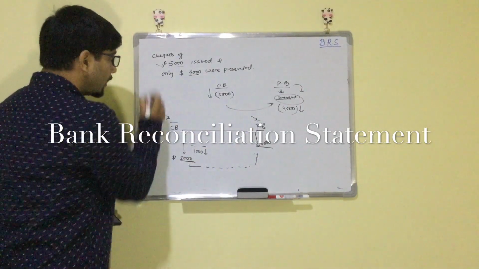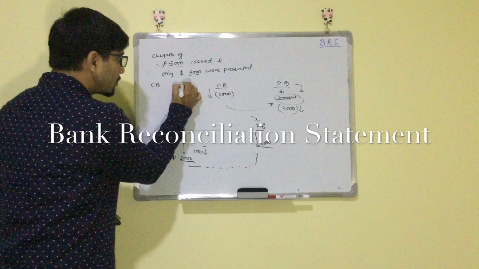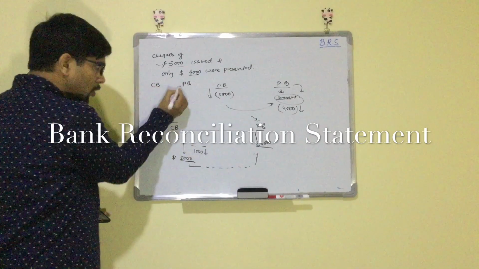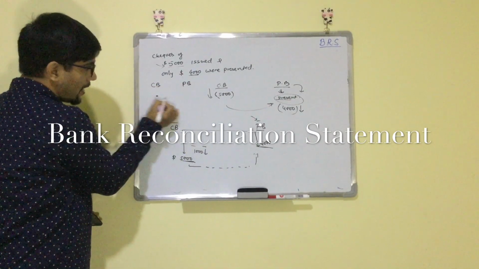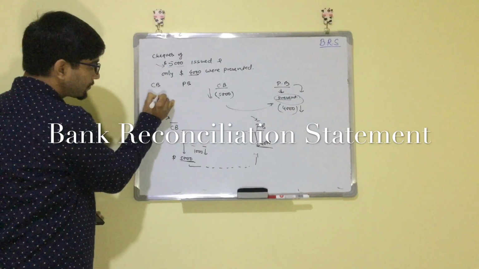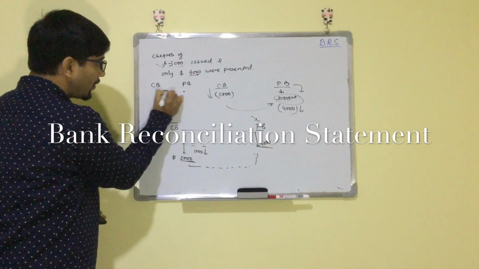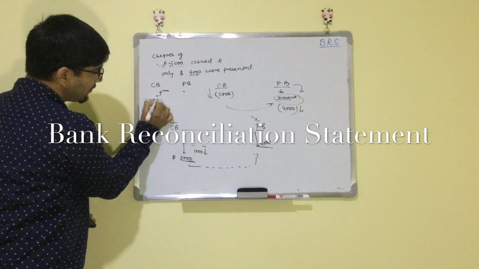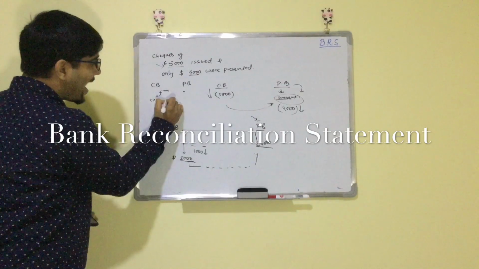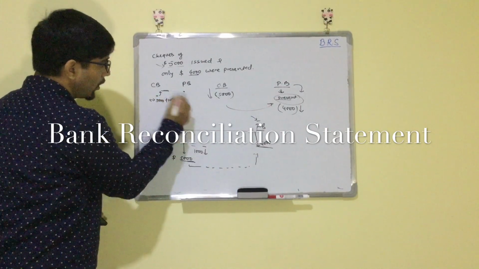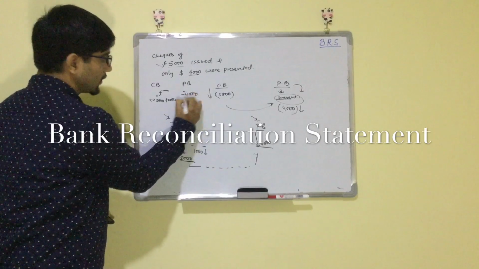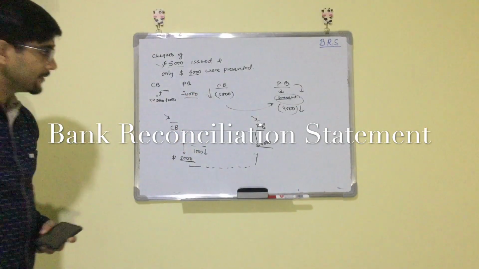So, in order to go from cash book to passbook balance, if you want to balance, you are here. And if you want to move here, this is minus 5,000, right? If you add $1,000, you'll go to minus 4,000. Correct?